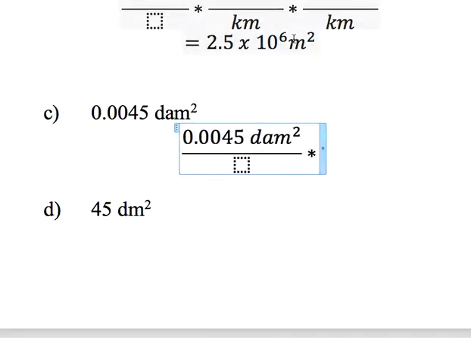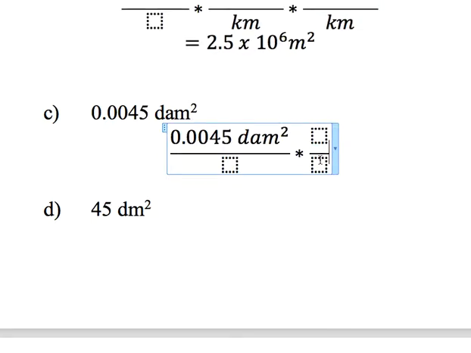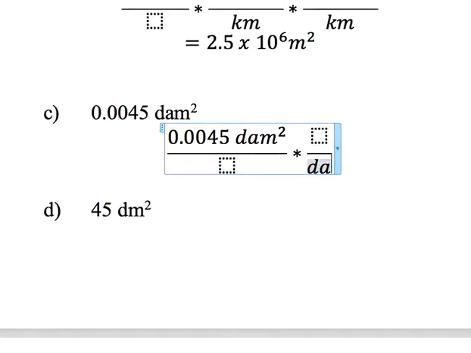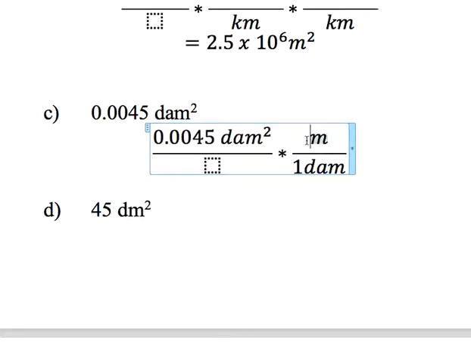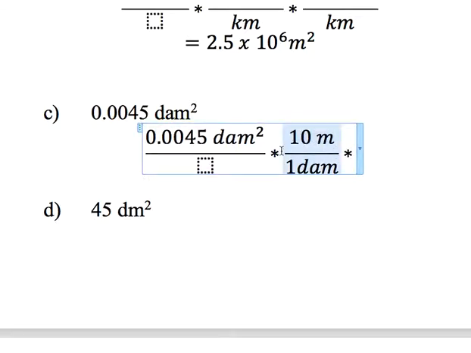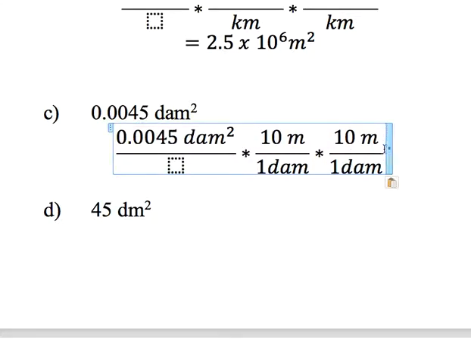I'm going to use another conversion factor. We're going to put decameter on the bottom, meter on top. If you're unfamiliar with this, a decameter is actually 10 meters. So this is our larger unit on the bottom, and that means I need 10 meters on top. Since this is multidimensional, we need to do this again.